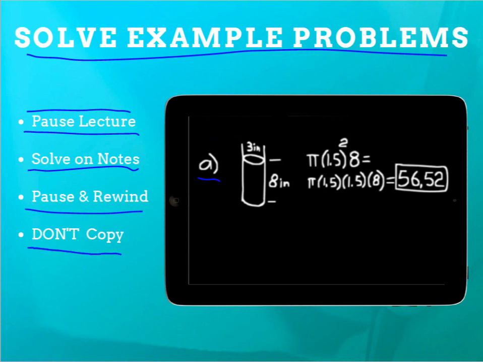Don't copy it. You're not just watching things come up on the screen and copying as you go and saying, yes, I'm finished. I've got this list of steps written on my paper, but I don't know what I just did or what it's connected to. So you want to avoid that. You don't just want to copy these down. You want to listen, pay attention, pause, and solve it on your own.